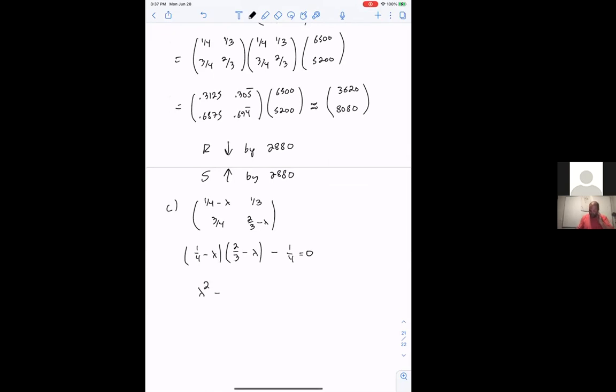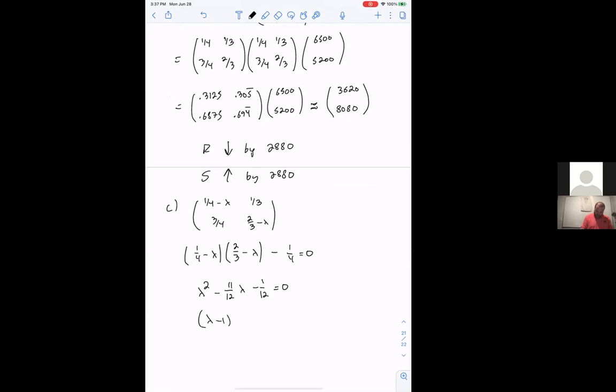Lambda squared minus, so 2/3 plus 1/4, as a fraction, so minus 11/12 lambda, and then 1/4 times 2/3 minus 1/4 as a fraction, minus 1/12 equals 0.